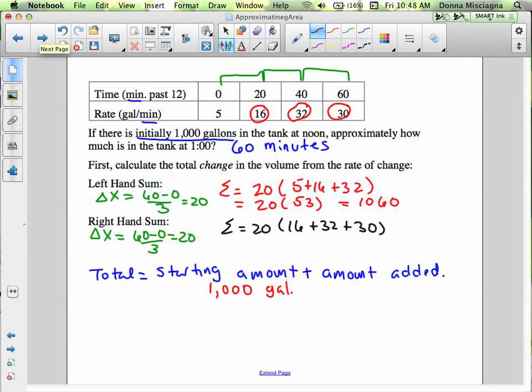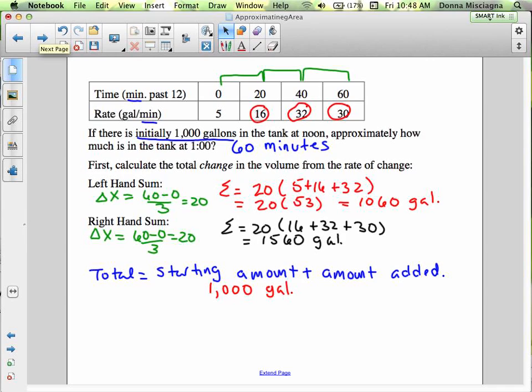So we'll add those up, and 16 plus 32 is 48, plus 30 is 78, right? So 20 times 78 is going to be 1,560. We should probably put units on that. That's gallons. If you've got a real-world problem, put units on it. You usually get a point for just putting the right units on it, even if your answer was totally wrong.